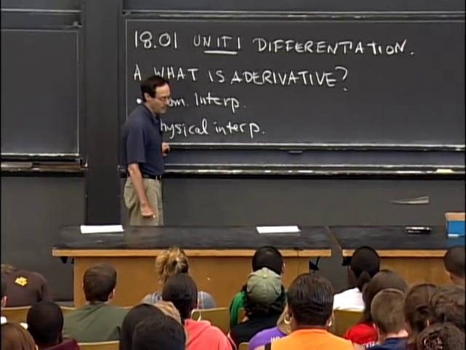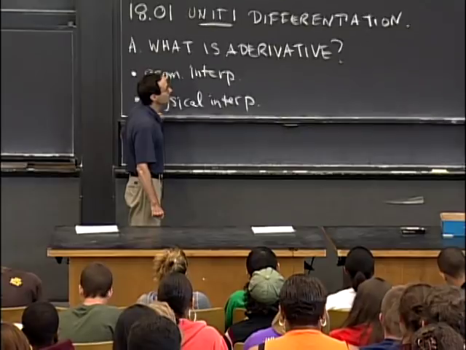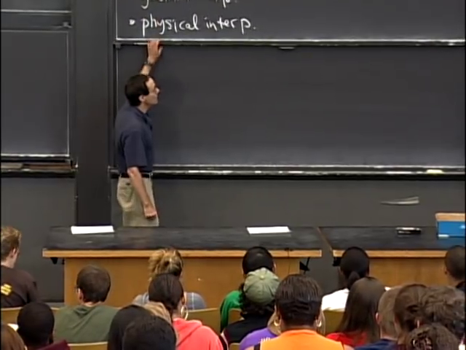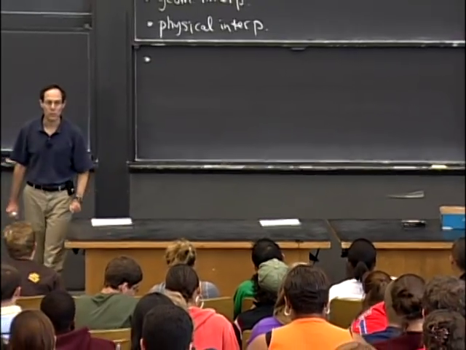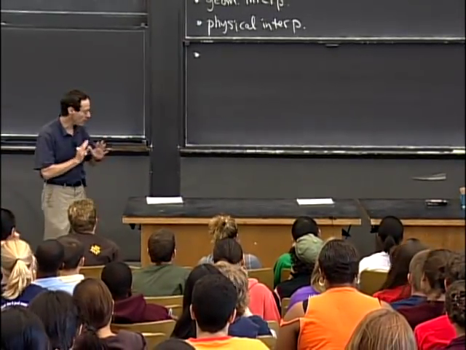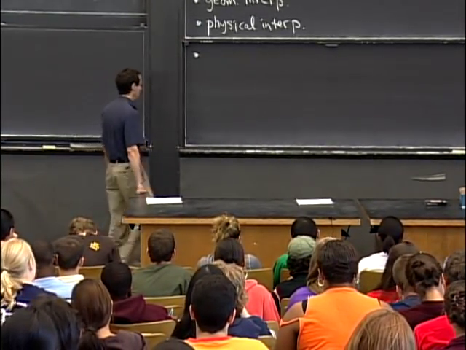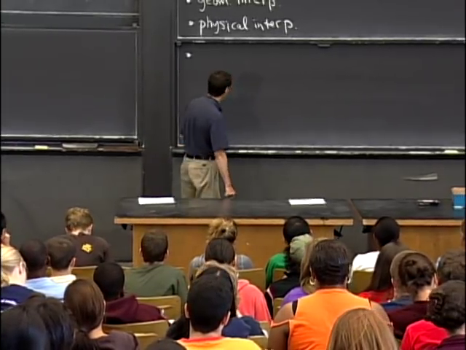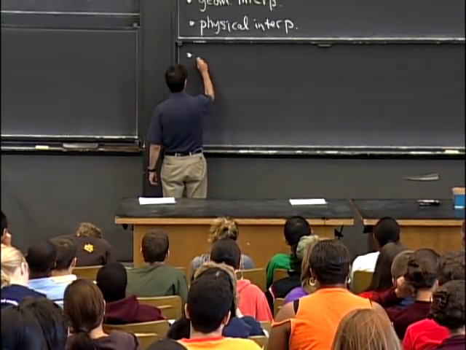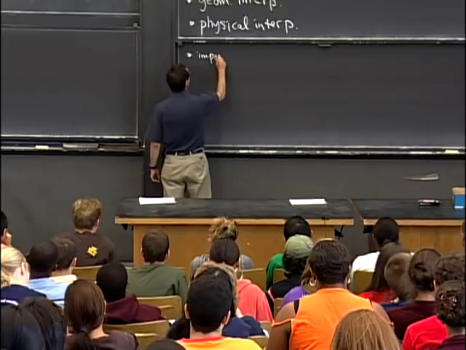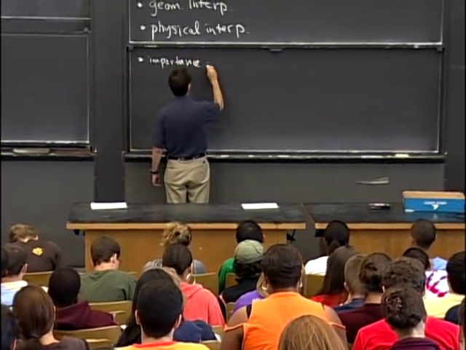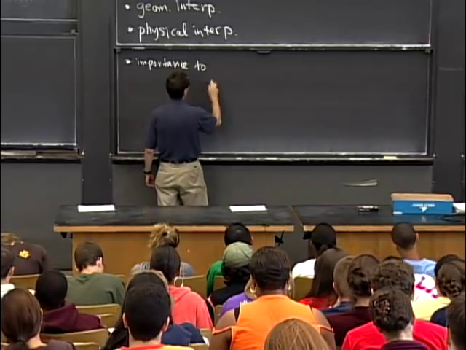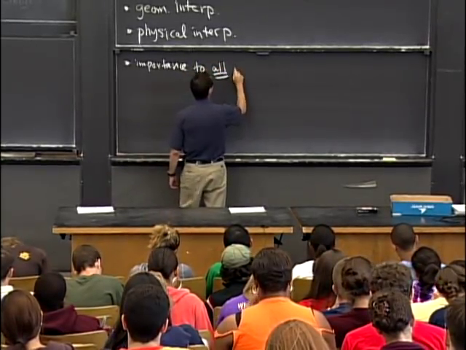And then there's going to be something else which I guess is maybe the reason why calculus is so fundamental and why we always start with it in most science and engineering schools, which is the importance of derivatives to all measurements.